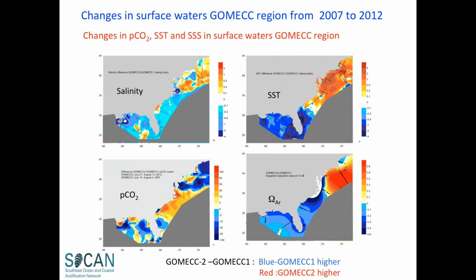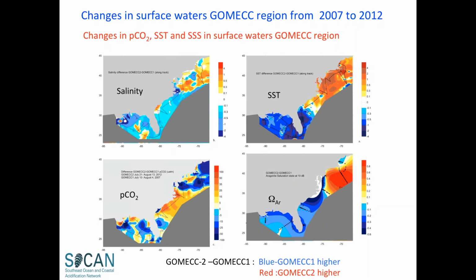But it's not just temperature that is changing. We see a big change in salinity, where the northeast region got a lot saltier. We also see, as we expect, a huge change in PCO2. And then we can also look at the aragonite saturation state, which is the bottom panel to the right.